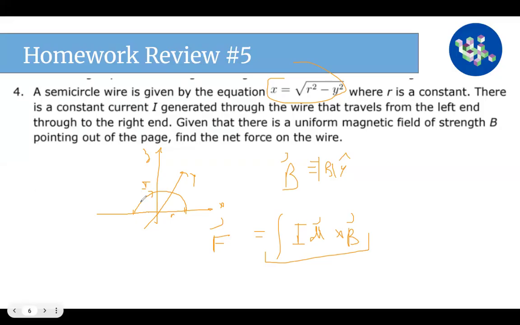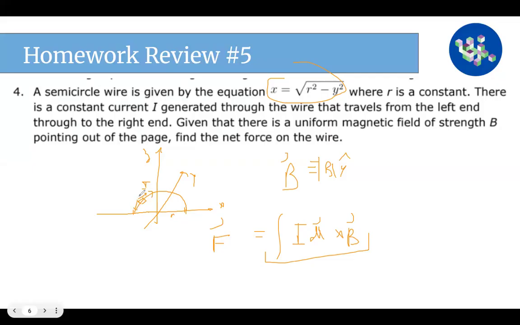We're looking at the right. If I look here, my dl vector will be pointing this direction, and my B vector will be pointing in this direction.